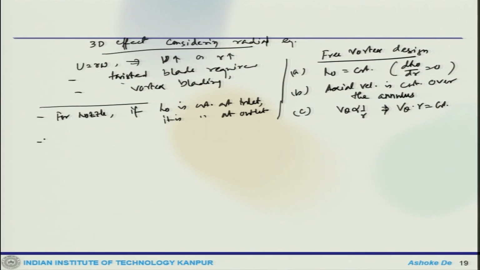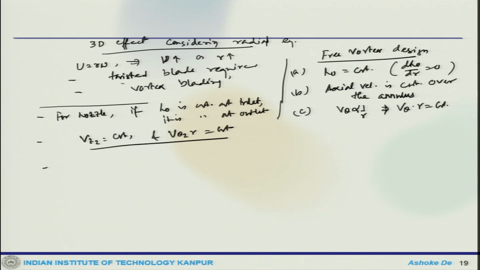Second, if we design the nozzle blade such that Vz2 is constant and V theta 2 r is constant, this means the radial equilibrium theory is satisfied at station 2.